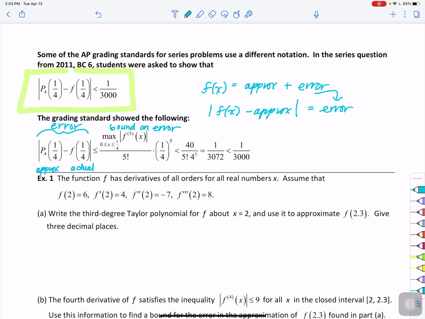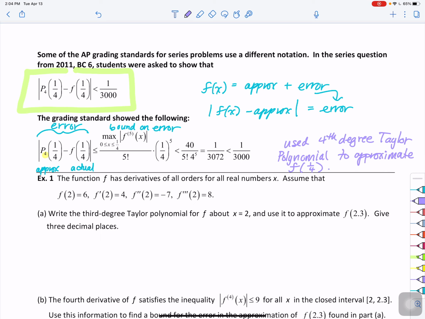And so you can see here that they used the 4th degree Taylor polynomial to approximate f of 1/4.